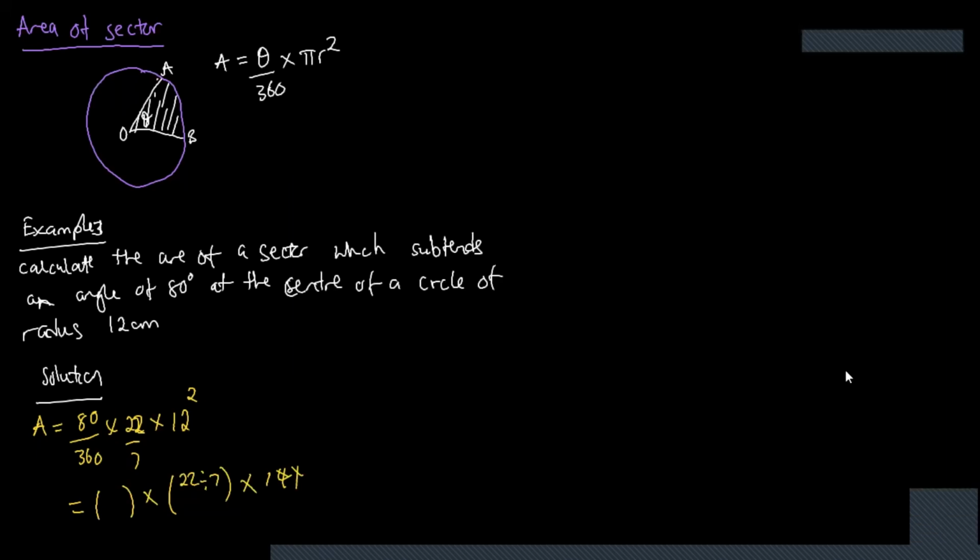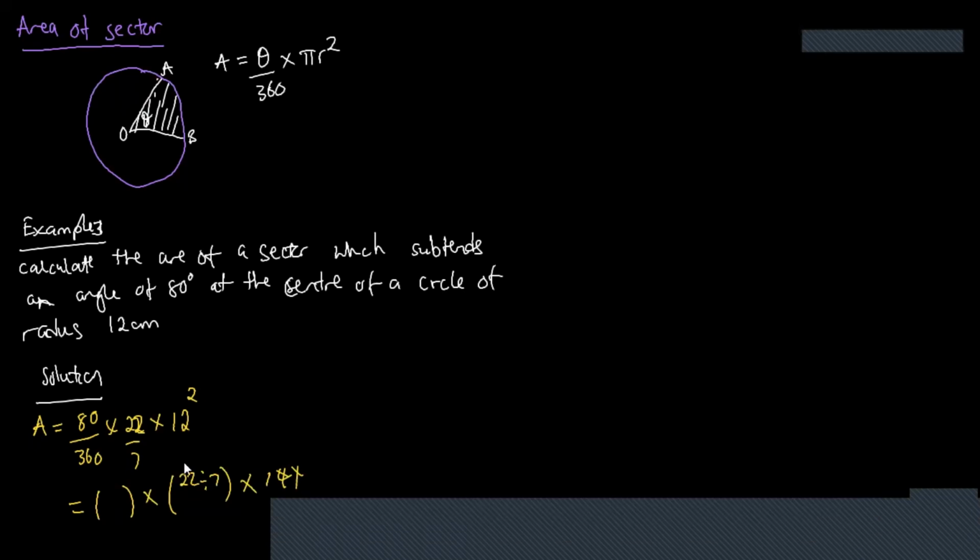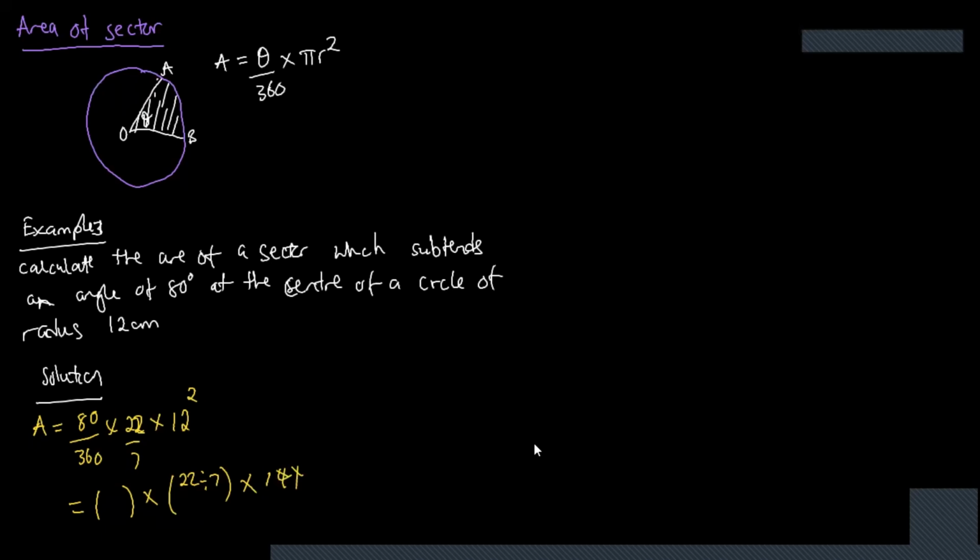So what do you get? So it's 80 divided by 360 equal to, then you say times 300. 100.5.